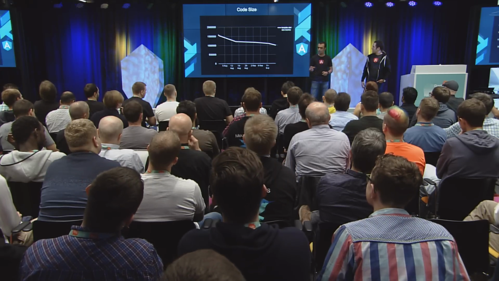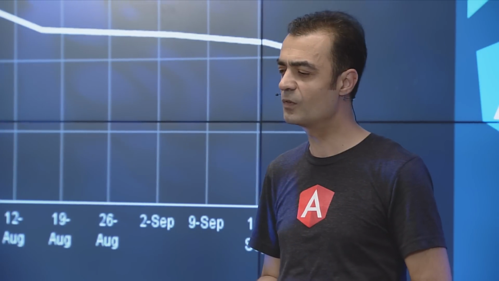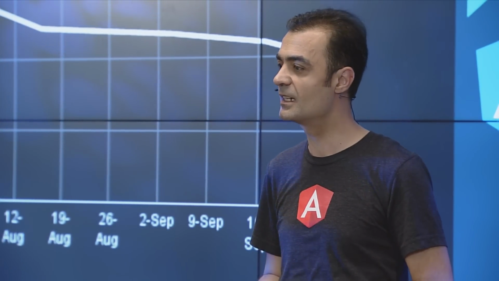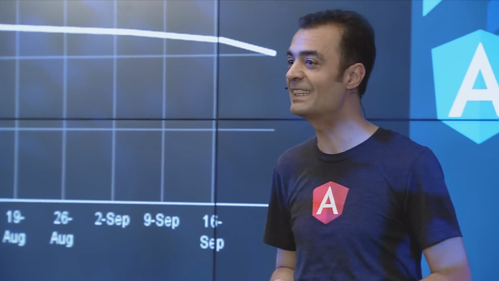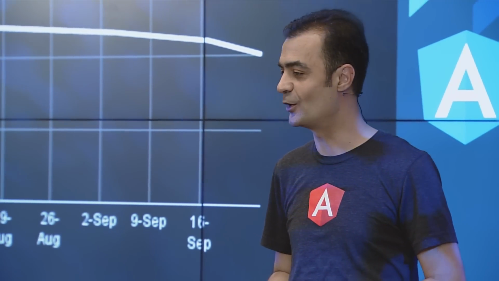And this one dropped from 1.56 megabytes to under a meg now. So we got 40% less Dart code generated now without changing anything in Angular. And we're not done yet. There are some big gains to be made still on the code size side.